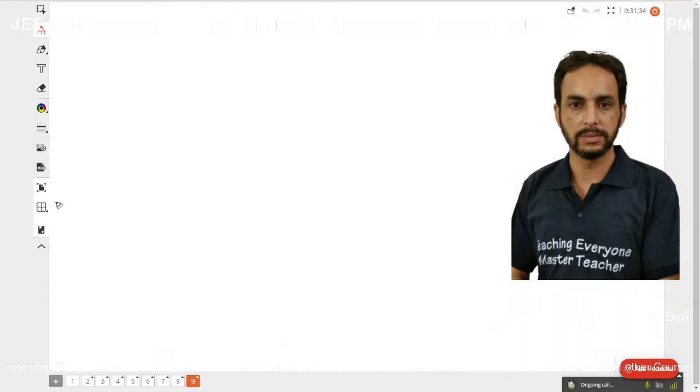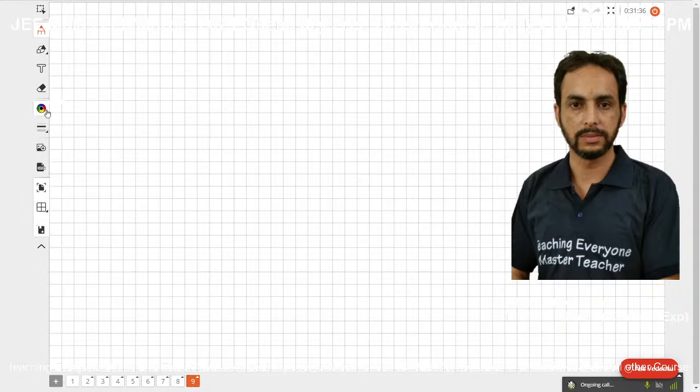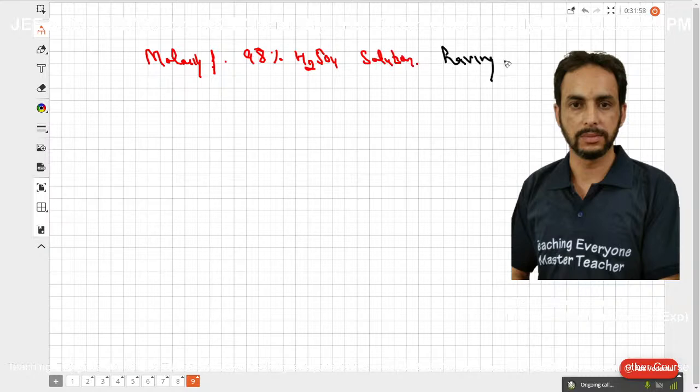Similarly, there is another question. Find the molarity of 98% H2SO4 solution having density 1.1 gram per ml.